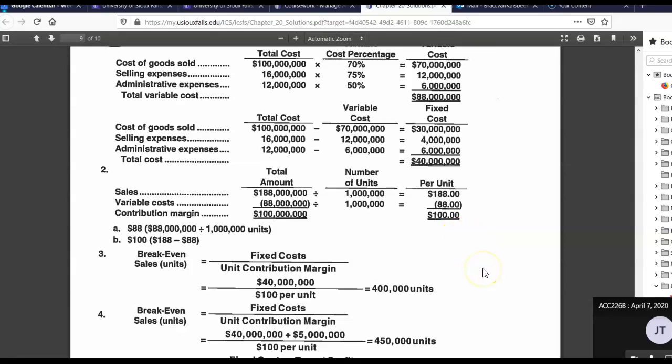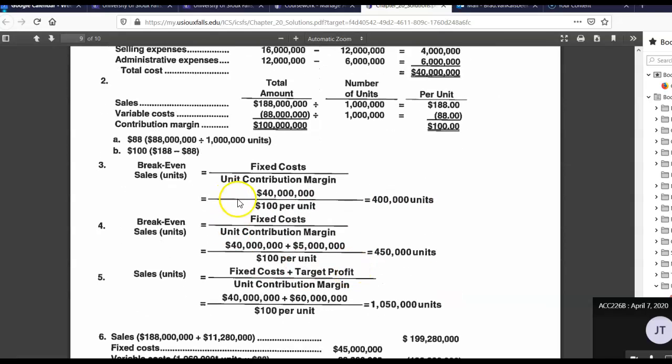Okay, questions on part two? Part two. So the variable cost per unit is 88. The contribution margin is 100. Number three, it just says calculate or compute the break even in sales. So this is the calculation for break even point.